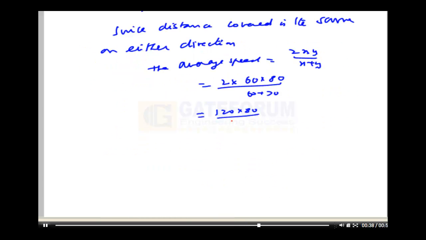You get 120 into 80 by 140, simplifying you get 68 4 by 7 kilometers per hour.